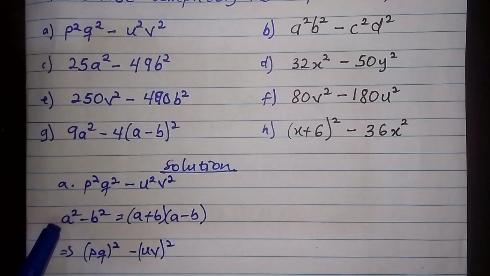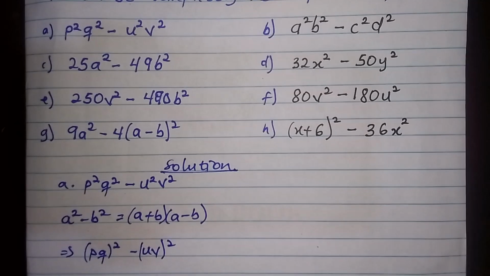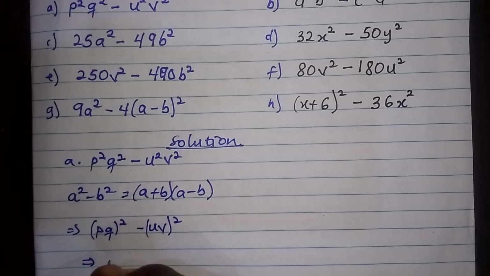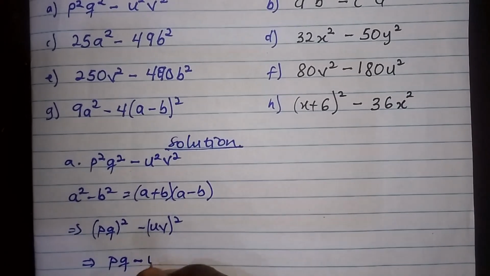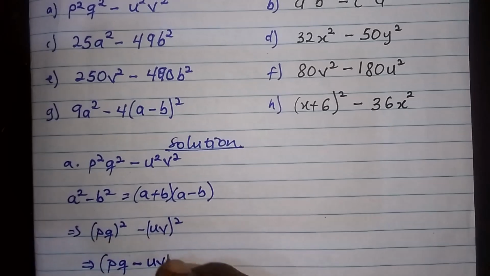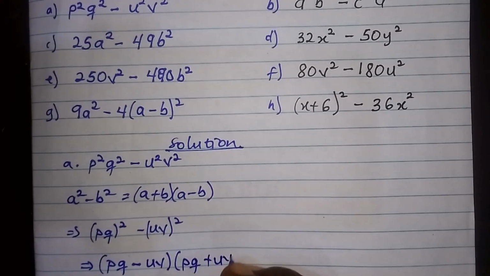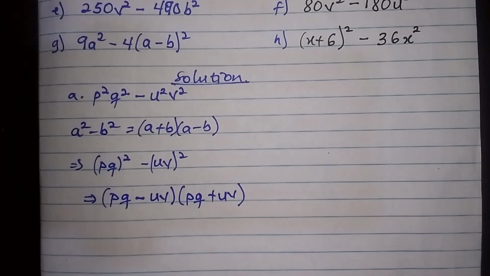It means that our A is representing pq, and our B is representing uv, which implies that this is going to give us (pq minus uv)(pq plus uv). We are done with the first one. That is our A.